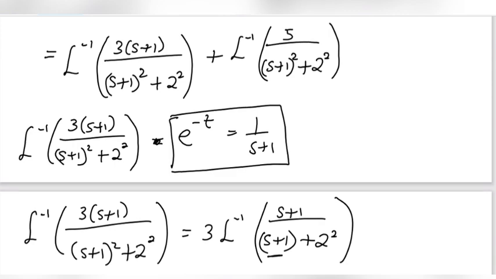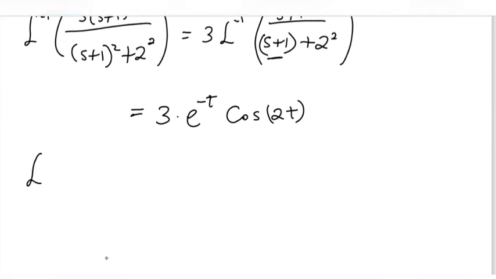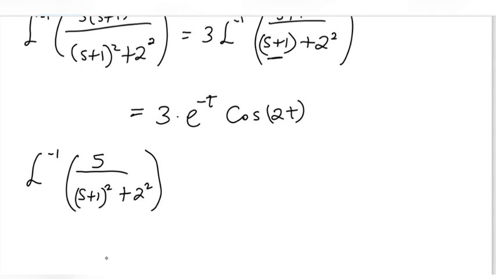For the second term, we have the Laplace inverse of 5 all over s plus 1 all squared plus 2 squared. Okay, and if we recall that sine at is a over s squared plus a squared, so we want the numerator here to have the form of 2.